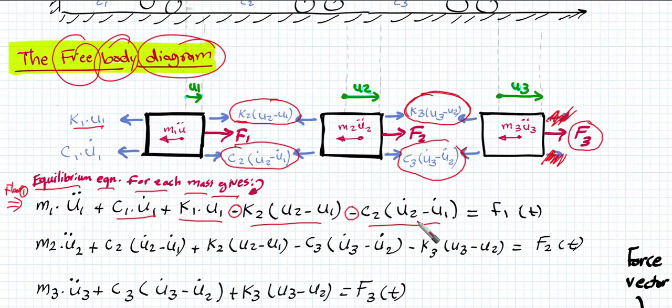We put everything on the left hand side. We assume that this direction is positive, and on the left hand side we put all the forces related to the masses, the stiffness, damping coefficient, and the displacement, velocity, and acceleration.